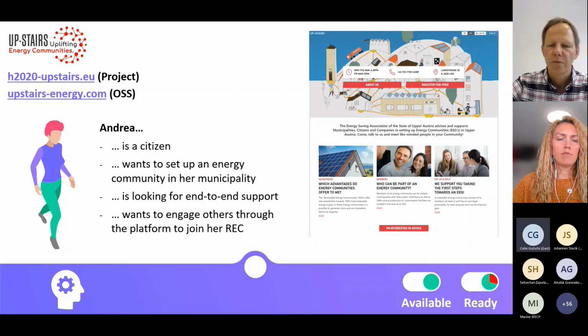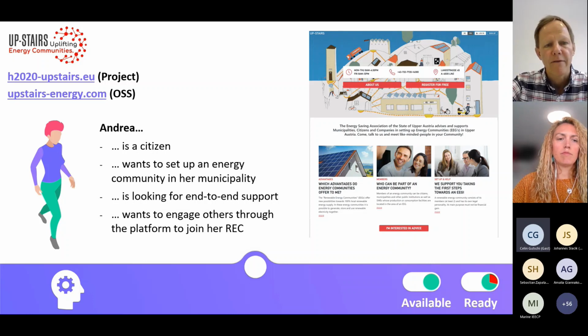And in that project room, she's accompanied by that implementation champion. And then other stakeholders, like for example, the municipality or maybe an ESCO helping them to set up the renewable energy community, could join and could work as a team in this project room.